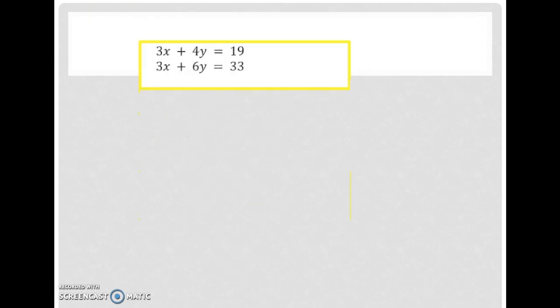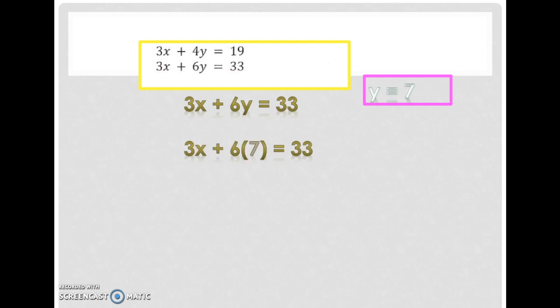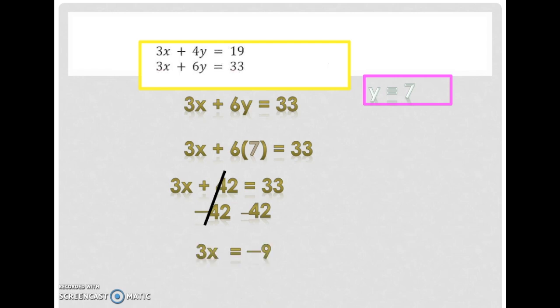Looking at the originals, what we're going to do is choose one of the original equations and plug in the value we just found, which was y is equal to 7. So I'm going to use the bottom equation and substitute in my y value. 3x plus 6 times 7 is equal to 33. When we plug in and simplify, 3x is equal to negative 9.